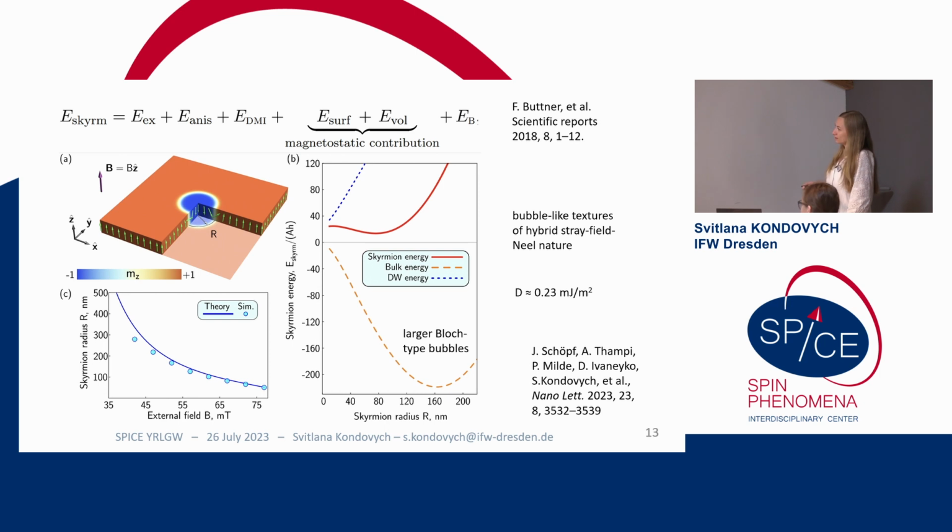So taking into account both of these contributions confirms that for these materials there exist skyrmions of radius of about 80 nanometers, which have a Néel profile thanks to the DMI interaction, which is also present in this material. So dipole-dipole interaction, magnetostatics in this case, can also lead to stabilization of skyrmionic bubbles in magnetic materials.